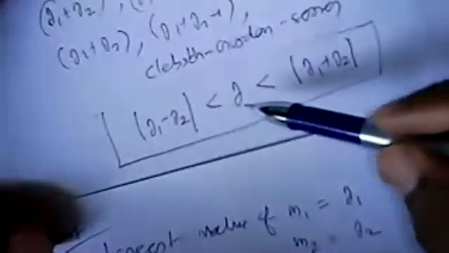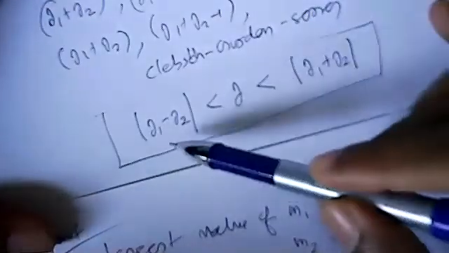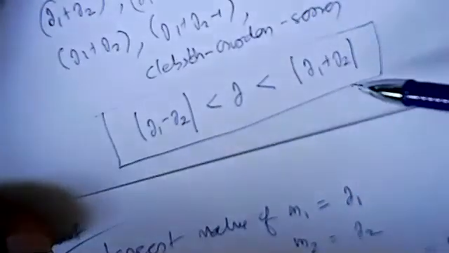So this is the second selection rule. J value can vary between modulus J1 minus J2 and modulus J1 plus J2.